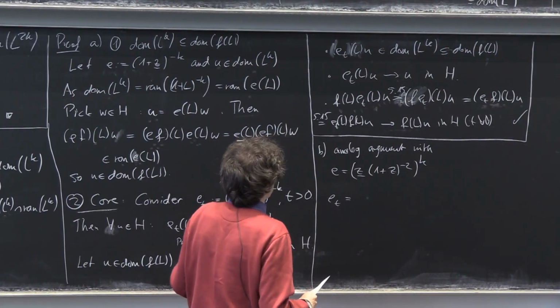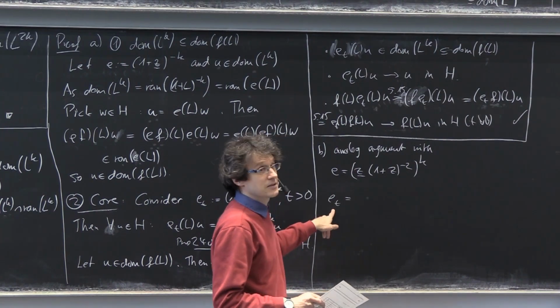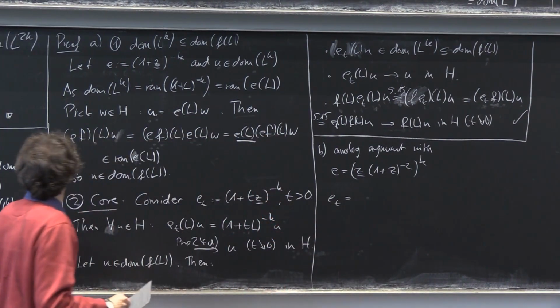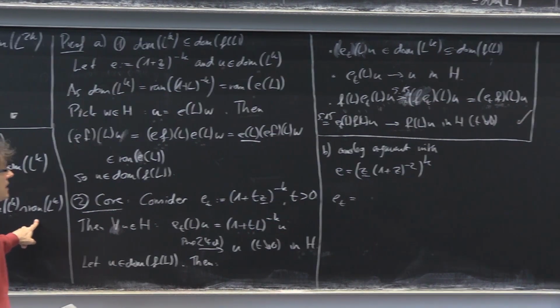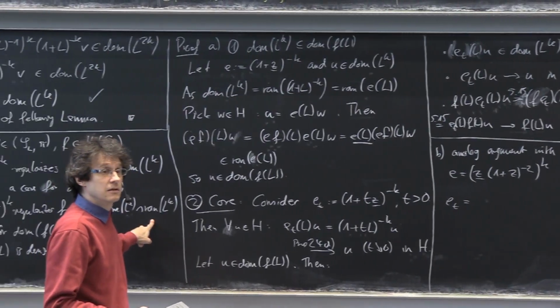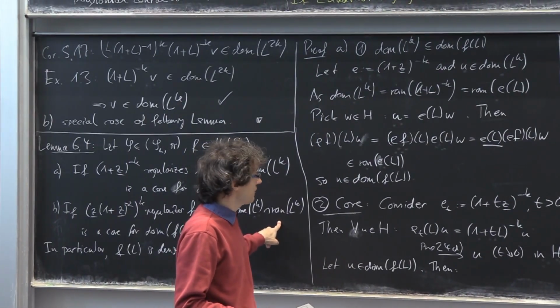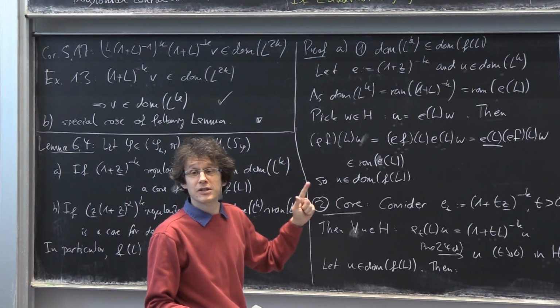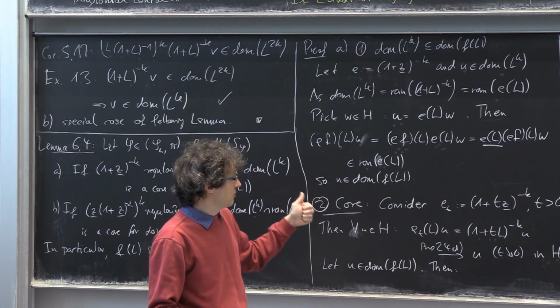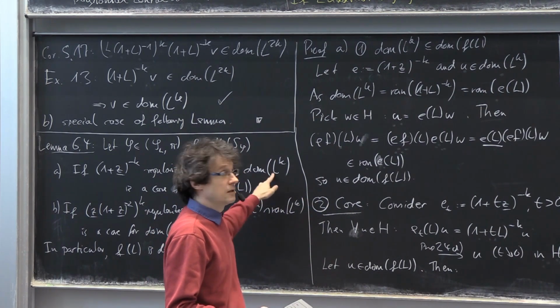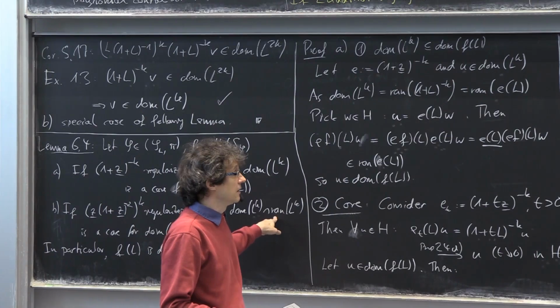Okay, and now we have to make sure that the Et still maps into this domain intersected with range, and that it still is an approximate identity. Because if you have this, the proof will go through. That's the two things you needed for Et. It maps into the space here, and it's an approximate identity.